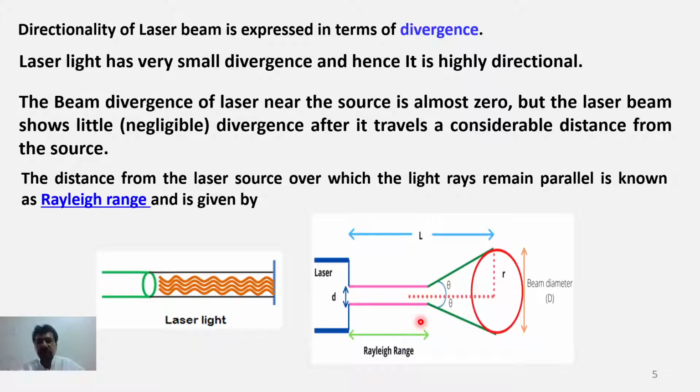Beyond this range, we can observe a small divergence in a laser beam. So in this figure we can observe that after this Rayleigh range there is some divergence.